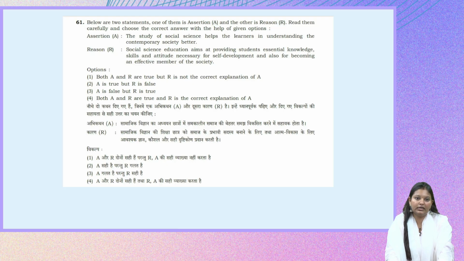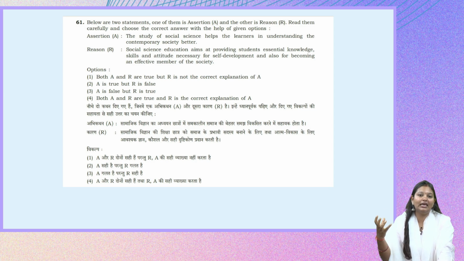We will go through the statements again. Assertion: the study of social science helps the learners in understanding the contemporary society better. It is true. Coming to the reason, social science education aims at providing students essential knowledge, skills, and attitude necessary for self-development and also for becoming an effective member of the society.